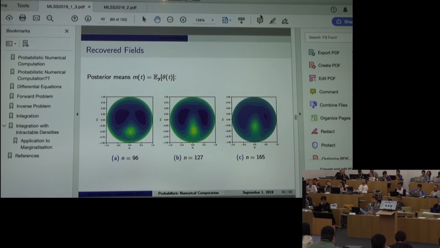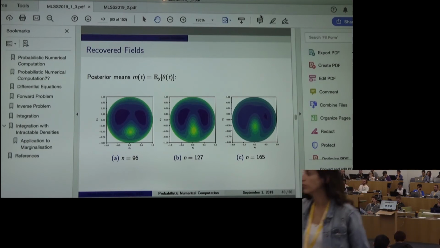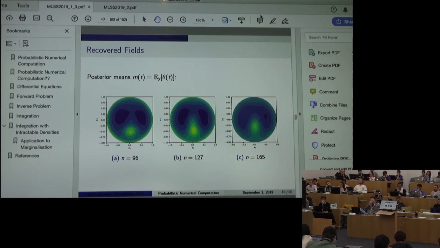So what you can see is that the posterior mean has clearly identified 2 lobes which have a lower conductivity than this heart-shaped component, this round-shaped component, and both of those lobes seem to have a posterior mean conductivity which is pretty much the same.